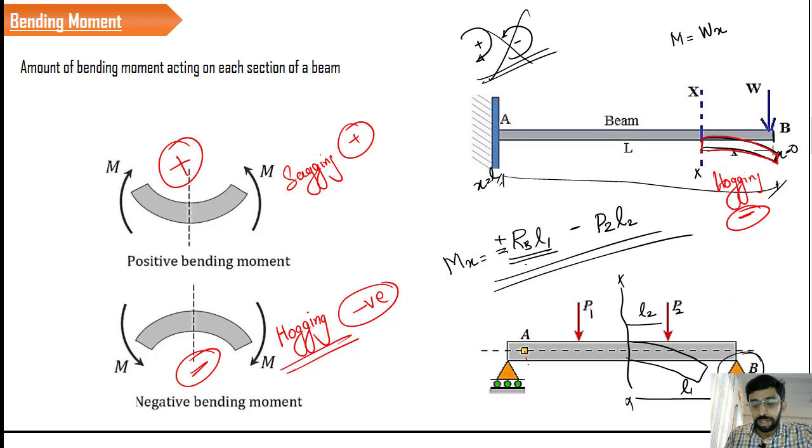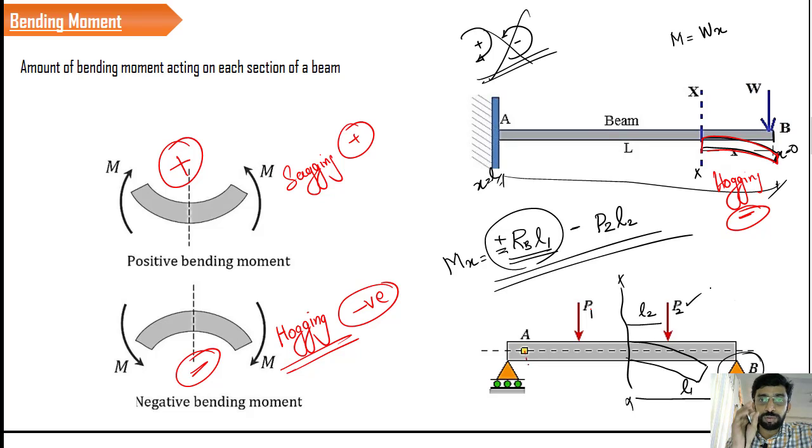So when I took the effect of RB as RB into L1, I eliminated this force. Now RB is not there in the system. Now we will take P2 and analyze it separately. So this methodology should be followed.